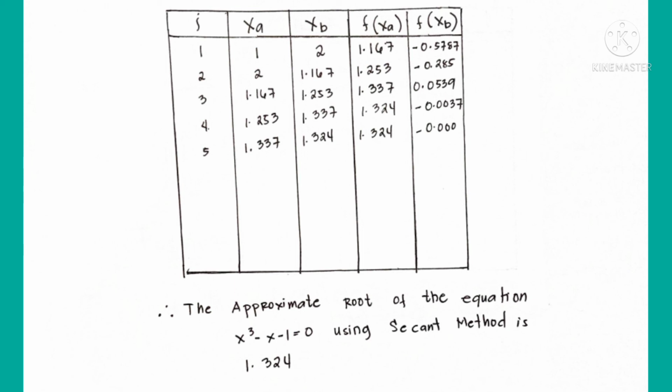And on the fourth iteration, our xa is 1.253, xb is equal to 1.337, the new x is 1.324, and the f of xb is negative 0.003. We are going to stop here now because the value of x in the fifth iteration is the same as in the fourth iteration. So therefore, the approximate root of the equation x cubed minus x minus 1 equals 0 using the second method is 1.324.